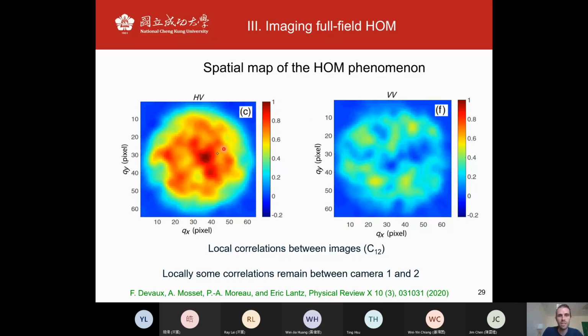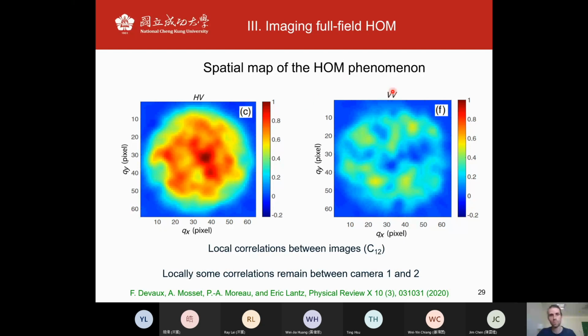You can even see, in a spatially resolved way, where you have a very high Hong-Ou-Mandel phenomenon happening, and where, because you probably have some aberrations in your imaging system, it's not happening as well as in other parts of the images. So you can really see this very high dimensional entanglement coalescing, verifying this Hong-Ou-Mandel phenomenon.